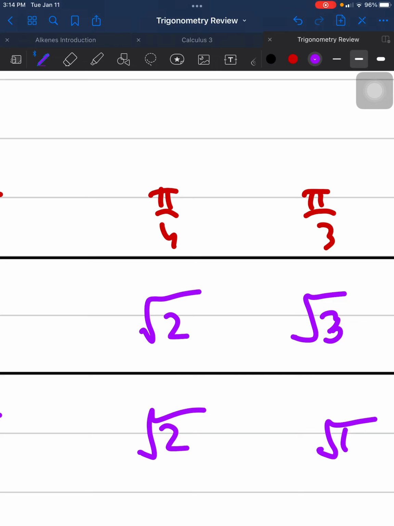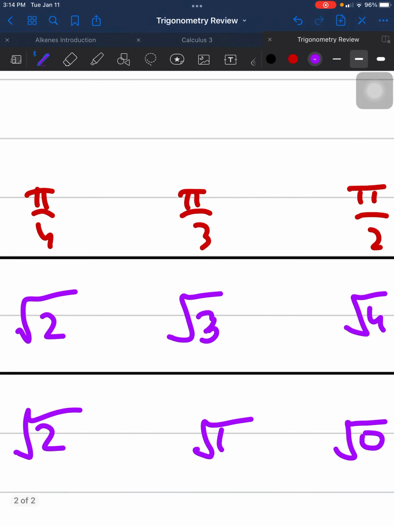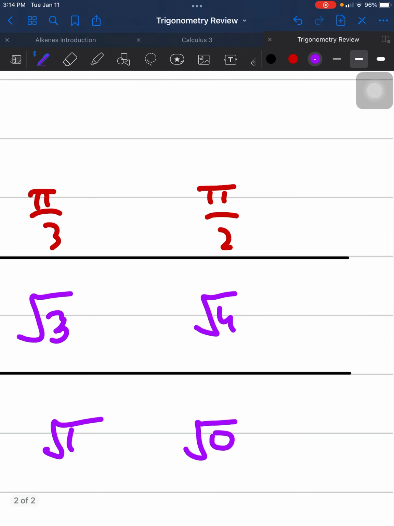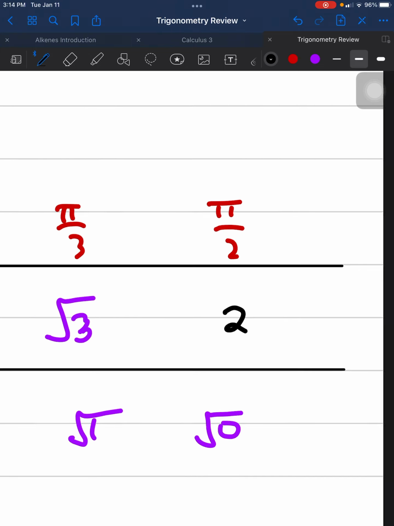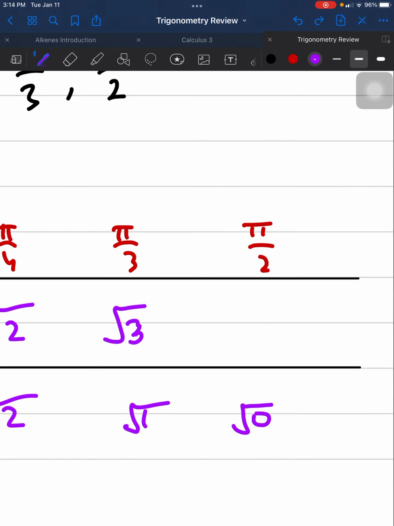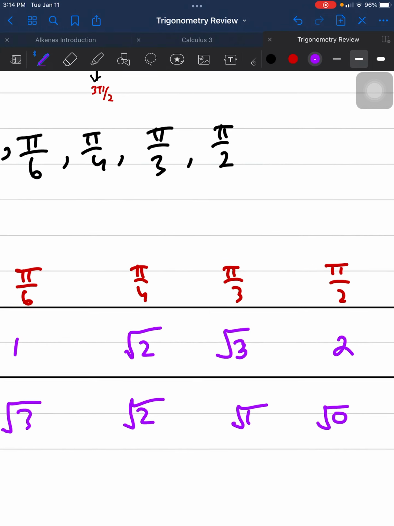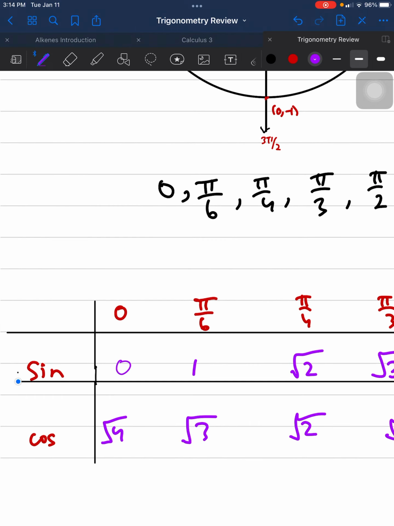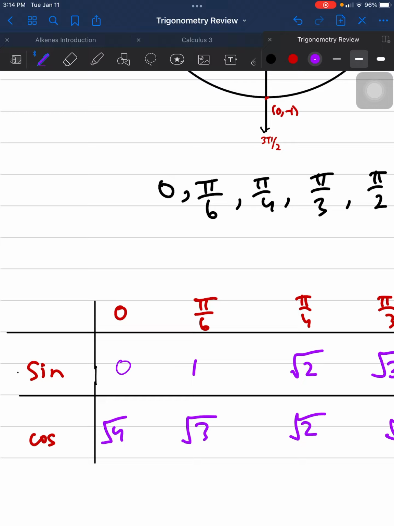Square root of 2, we're just gonna leave as square root of 2. Square root of 3, same thing, we leave it as square root of 3. And square root of 4 is simply 2.